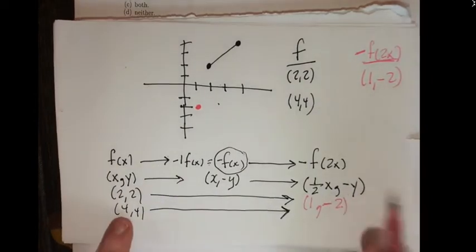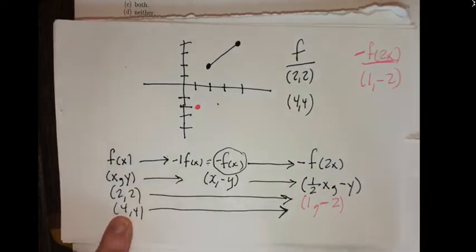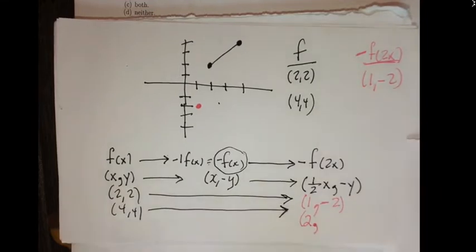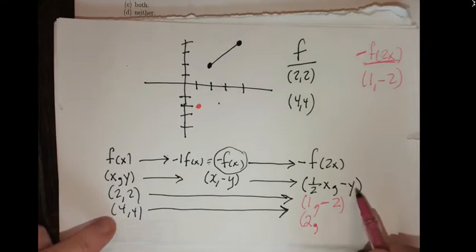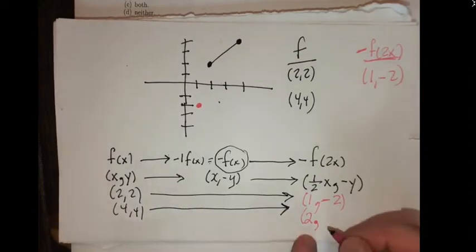Well, the x coordinate will be divided by 2, or multiplied by 1/2. So 4 divided by 2 is 2. And then my y coordinate will be negated, so I'm going to have -4.